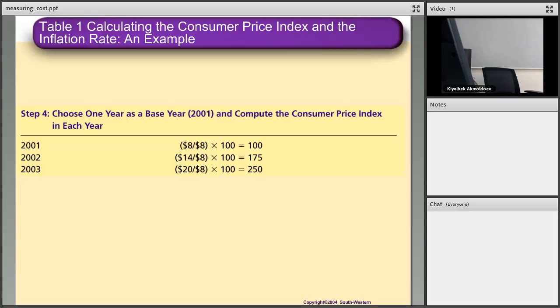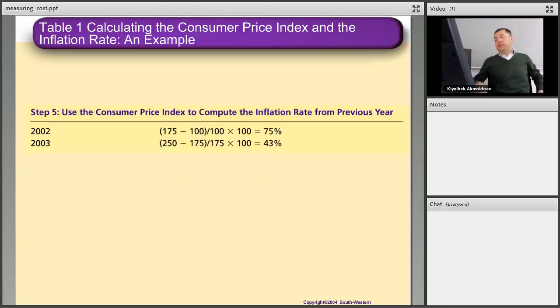After that, what do we do? Here we have the CPI for 2001, 2002, and 2003. After that, we find the inflation rate. Step 5: we use the consumer price index to calculate the rate of inflation.